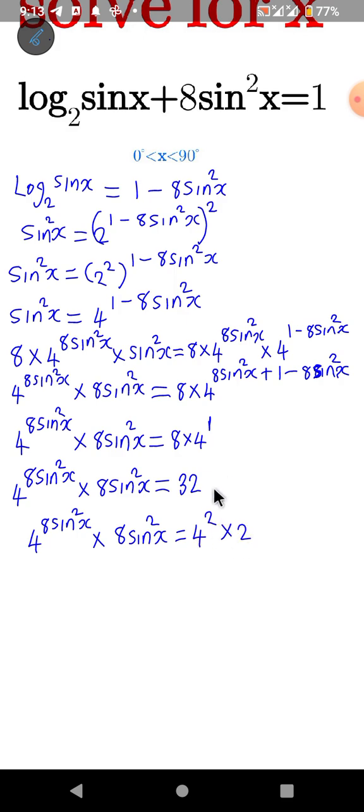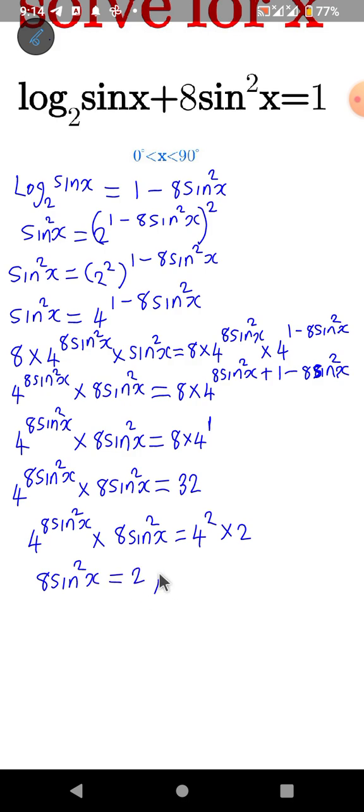We know that 4 raised to the power of 2 is 16, that's 4 times 4, and 16 multiplied by 2 gives us 32. Now my next step is to compare both sides of this equation. The power of 4 here is 8 sine square x, while the power of 4 here is 2. So I can simply say that 8 sine square x is equal to 2.